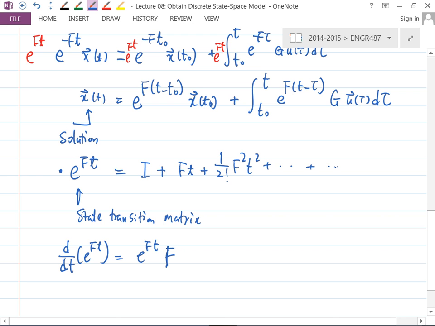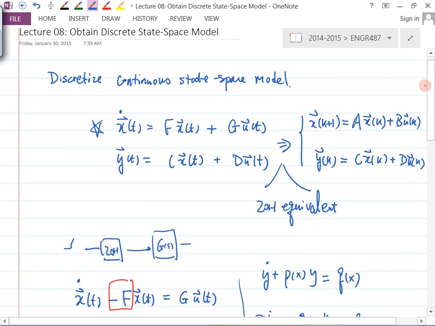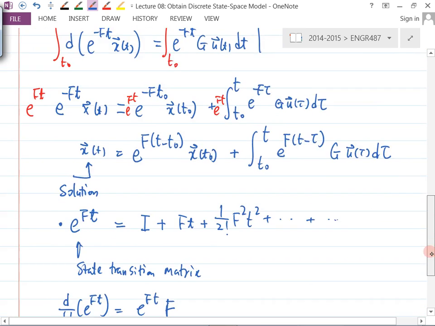That's called the state transition matrix. And what are we trying to do then? Go back to the initial. We're trying to discretize this continuous model. Basically, discretize this guy with a zero-order hold equivalent approach.